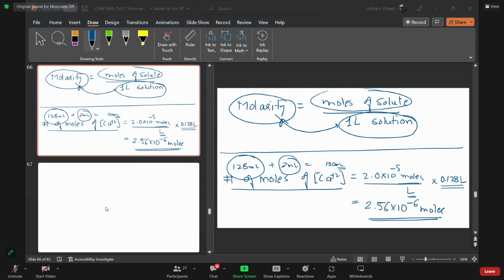It will be 2.6 instead of 2.56. It's going to be 2.6, right?